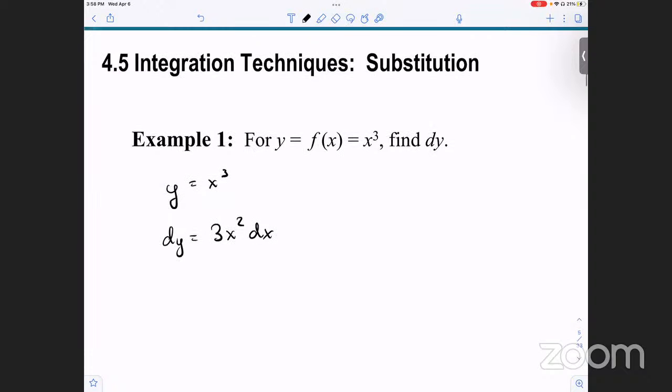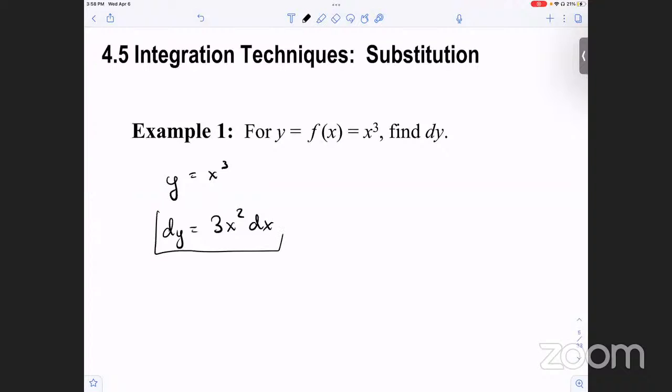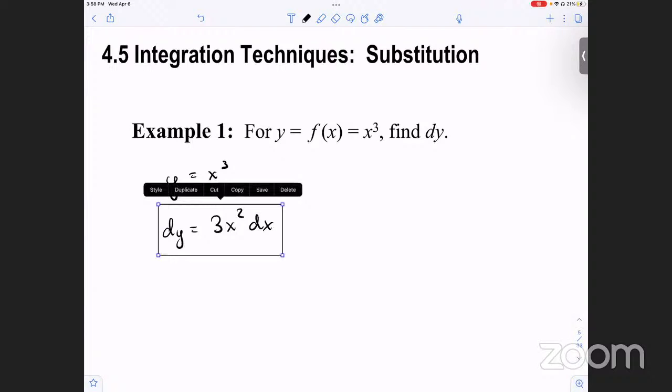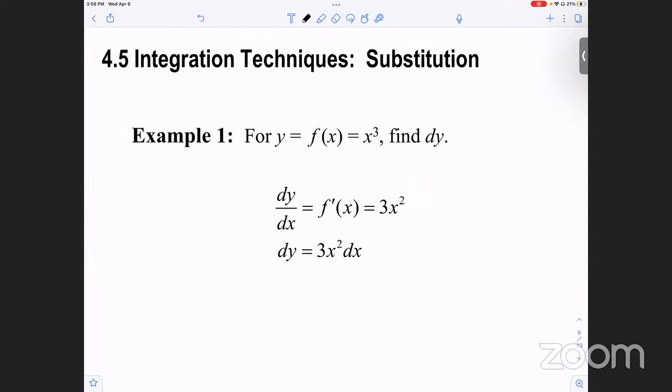I don't know why the name of that is slipping my mind. They did dy by dx, which is f prime, and they get this, and then through algebra you can move that dx to the other side, and they get the same thing that we got, right? Let's just keep going.